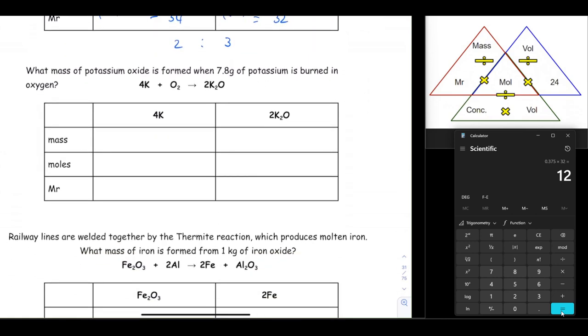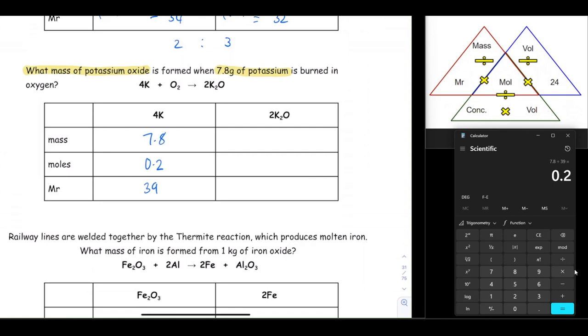What mass of potassium oxide is formed when 7.8 grams of potassium is burned in oxygen? So we've got 7.8. Let's highlight what we've got. So we've got 7.8 grams of potassium. The MR of potassium is 39. So 7.8 divided by 39 gives 0.2.